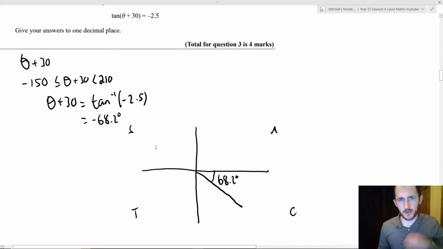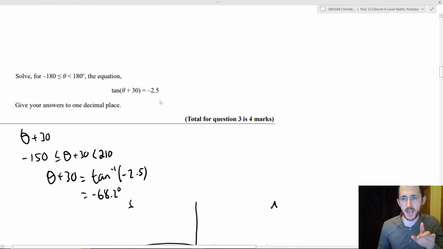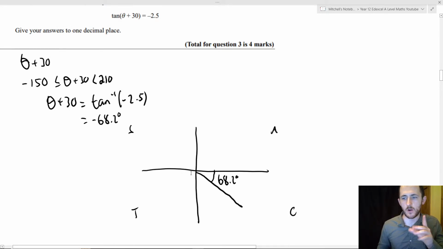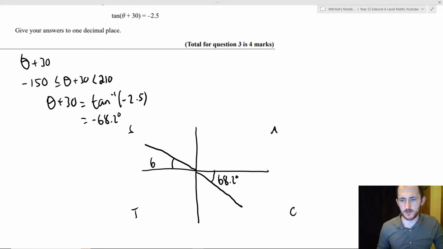So you remember how in the previous few questions I asked, well, where else is it positive? In this case, I'm looking, where else would this value for tan be negative? Well, it's going to be in the sine column, because A and tan are both going to be positive. And that's going to give me 68.2. So my other value is going to be that angle there.